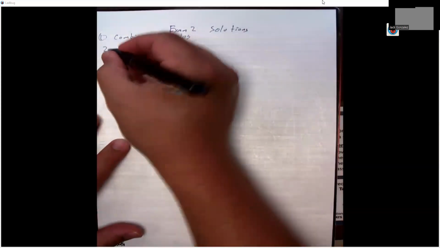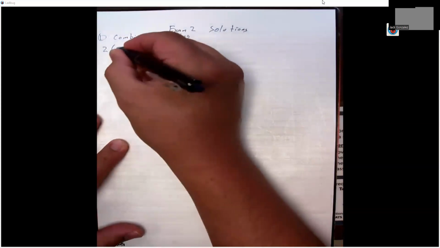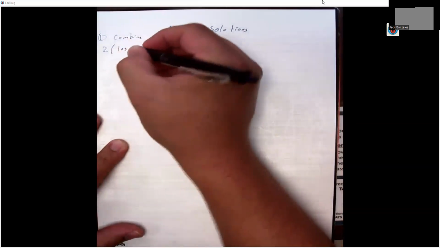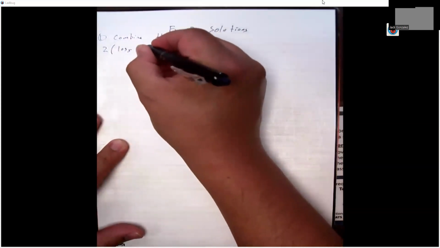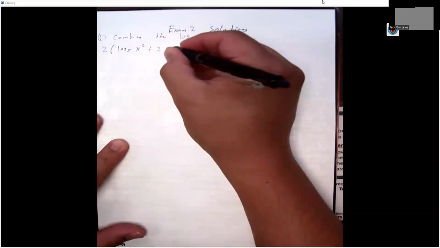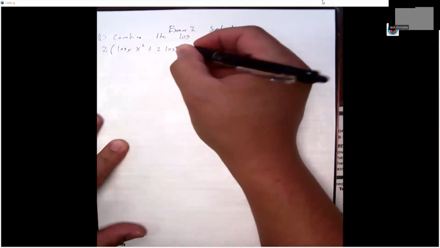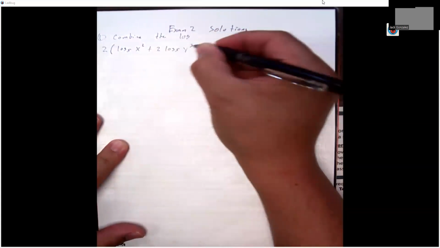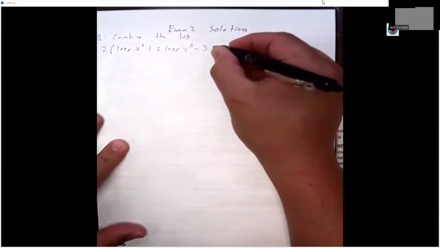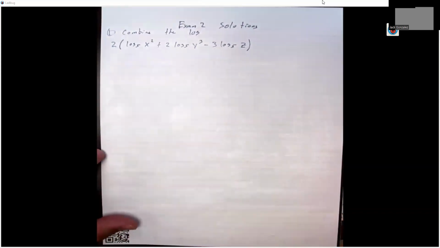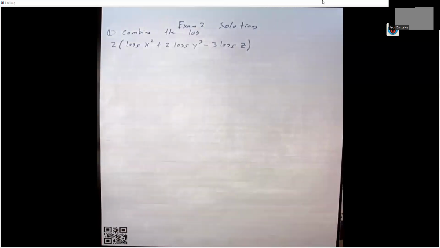We had 2 times log 5 x squared plus 2 log 5 y cubed minus 3 log 5 z. So let's distribute that 2 first, and then bring up all the powers.